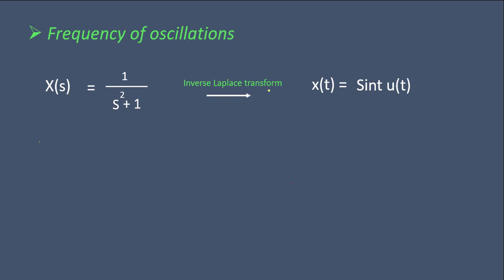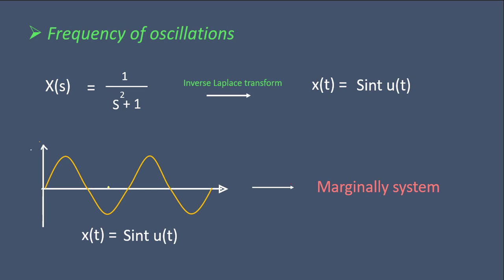Now the inverse Laplace transform x of t will be sin t u of t. So the plot of sin t u of t we have already studied in the last lecture. This is the sin t u of t, and we know when the signal is sinusoidal, it is a marginally stable system. So we know sin t u of t is a marginally stable system.